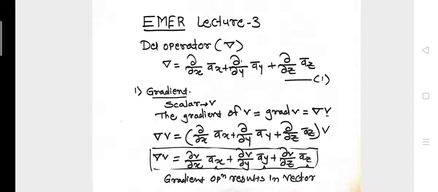So when we multiply this, del V is equal to dou by dou x a bar x plus dou by dou y a bar y plus dou by dou z a bar z multiplied by V, which is equal to dou V by dou x a bar x plus dou V by dou y a bar y plus dou V by dou z a bar z. So this is the result of gradient, and it results in a vector quantity. You can observe a bar x, a bar y and a bar z unit vectors are included in this equation. That means it's a vector quantity. So gradient results in a vector.